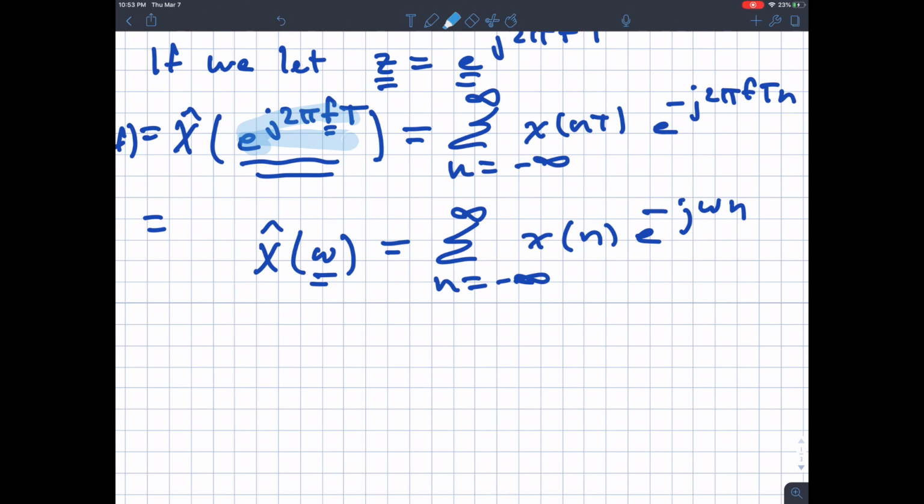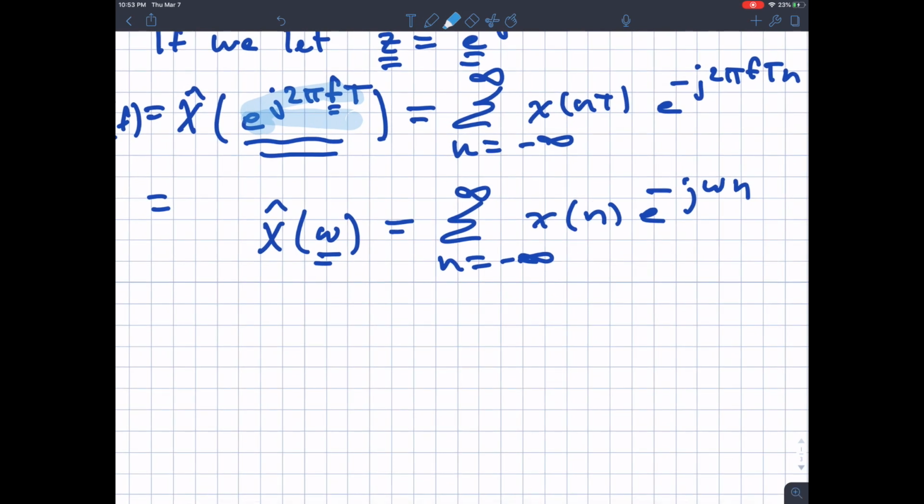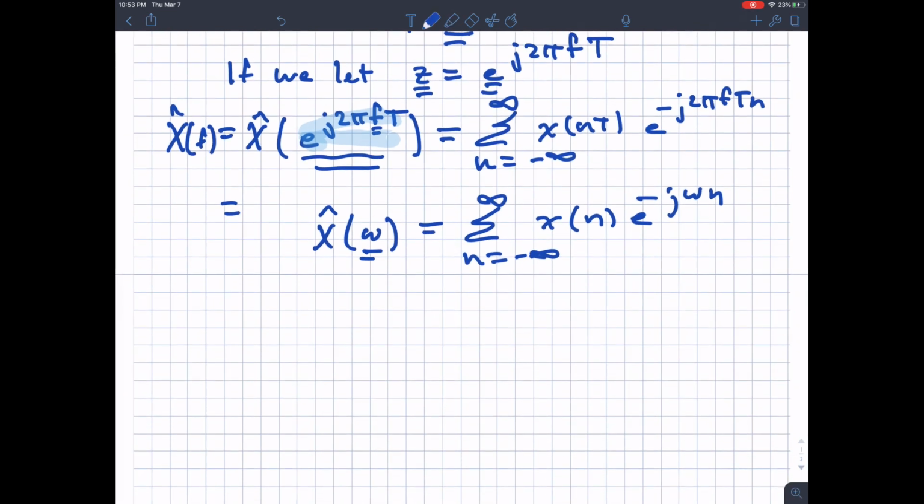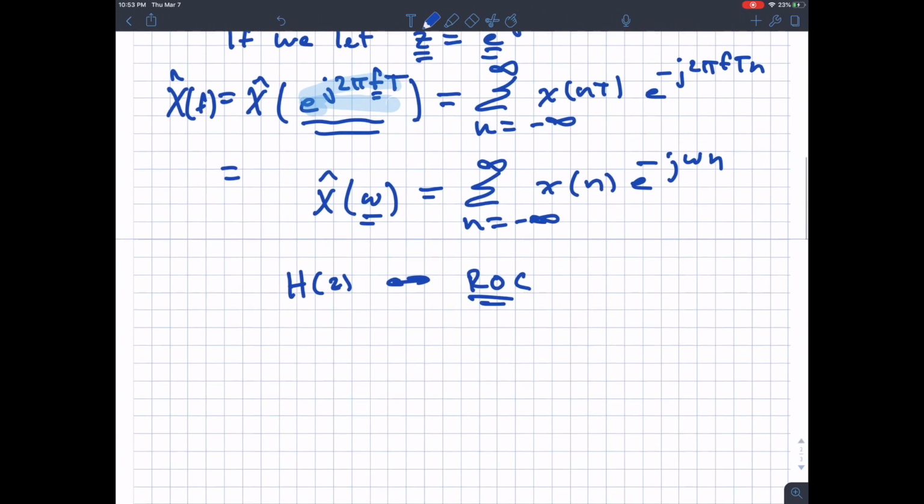The Z transform is related to the DTFT. All we have to do is look at the values of Z along the unit circle. Okay, so if you had a system with an impulse response h of z, it's going to have a region of convergence. Okay, when does it make sense to talk about the frequency response of that system?